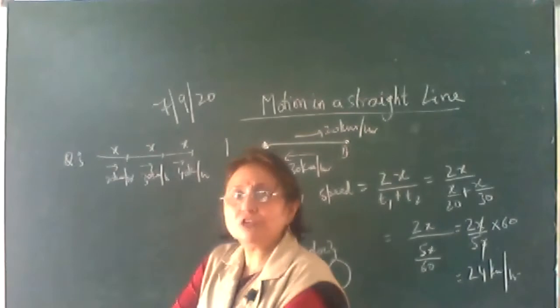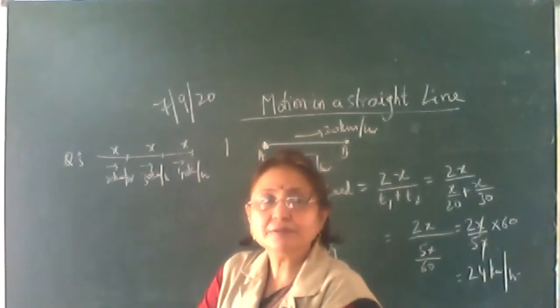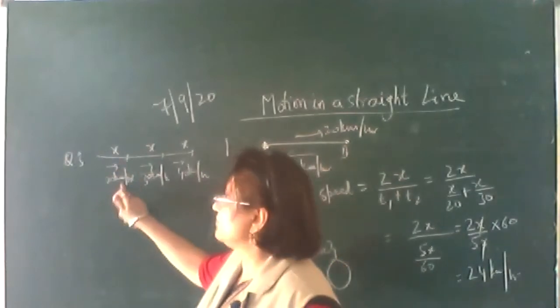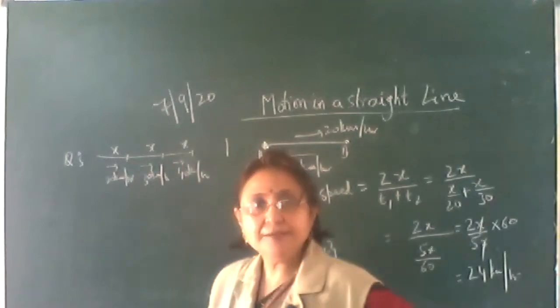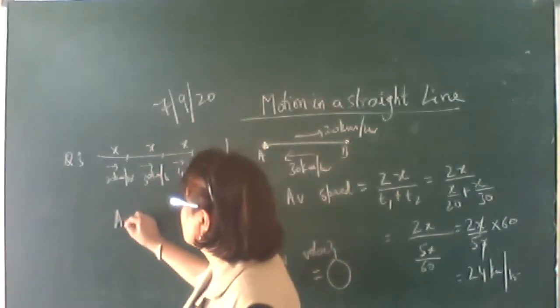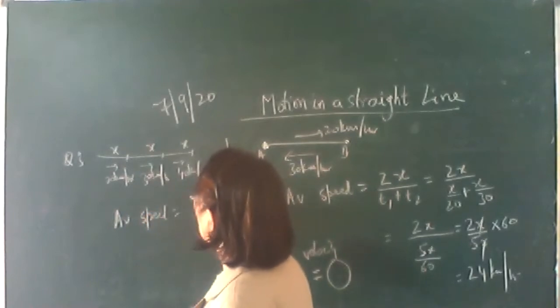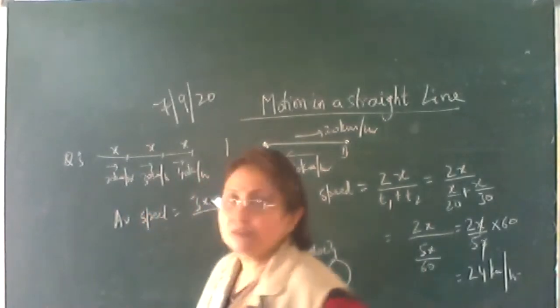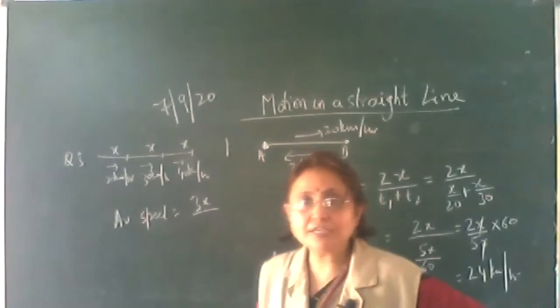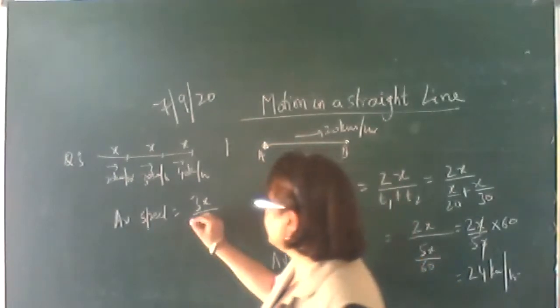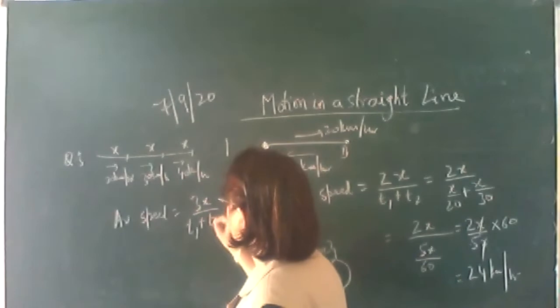Okay, the second question is also of the same type. One third of the distance with this speed, and so on. So average speed is total distance upon the total time taken. Total distance here is equal to 3x. Total time taken is t1 plus t2 plus t3.